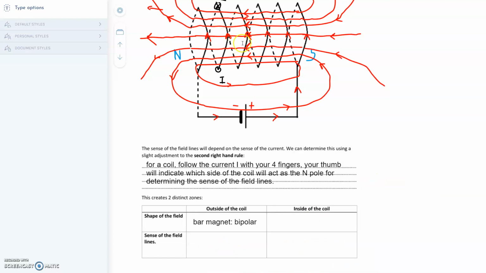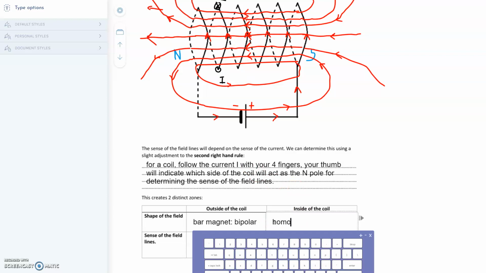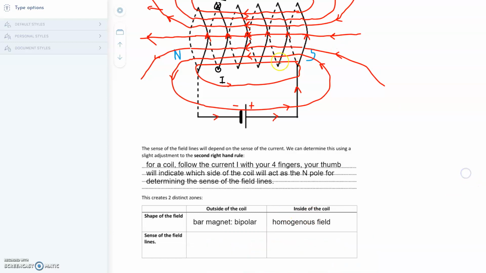However, when we look inside of the coil, you actually get a homogeneous field again. Why? All the field lines are technically perfectly parallel to each other, meaning the magnitude of the magnetic field inside of the coil will be the same regardless of your position inside of the coil itself.